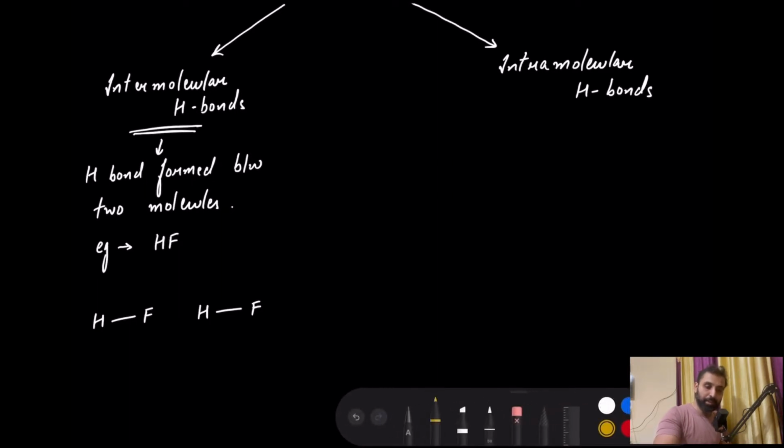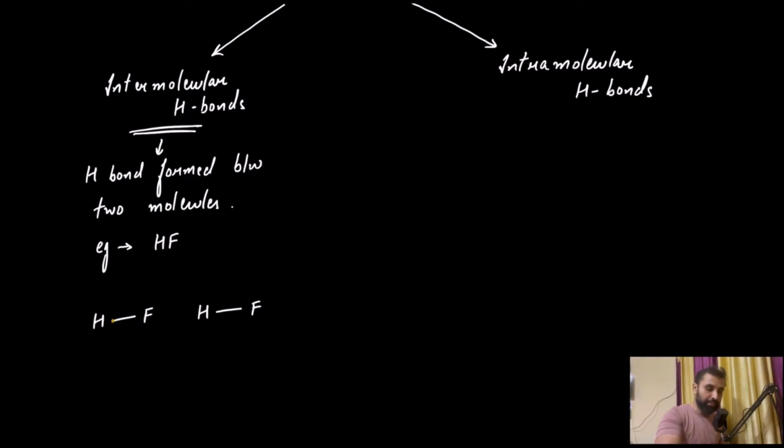Now, we know that electronegativity of fluorine is much greater than hydrogen. Then obviously fluorine will attract the shared pair of electron towards itself. Thereby fluorine will acquire delta negative charge and hydrogen will acquire a delta positive charge. And same goes to the second HF molecule. Fluorine will acquire a delta negative charge and hydrogen will acquire a delta positive charge.